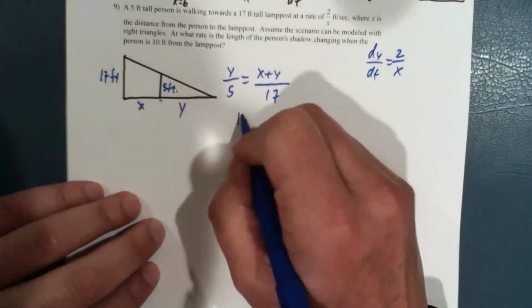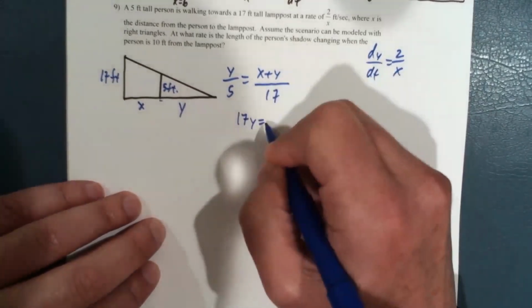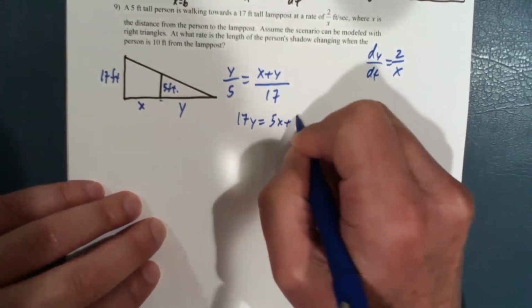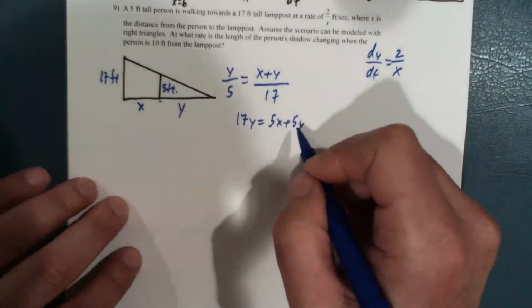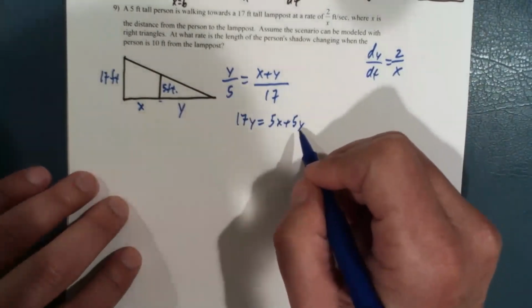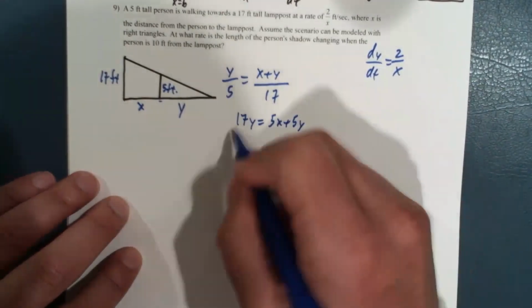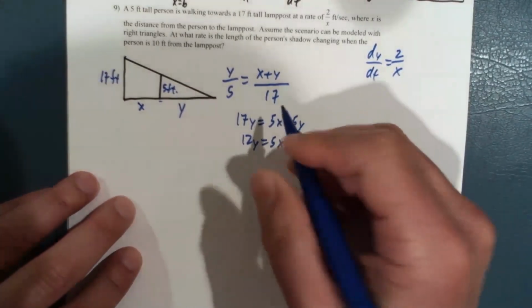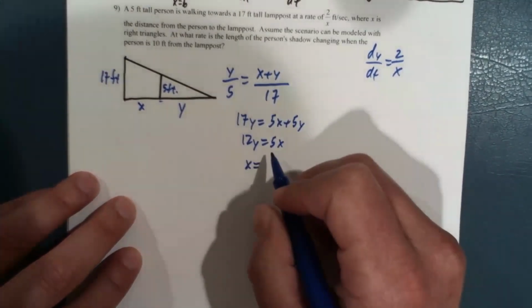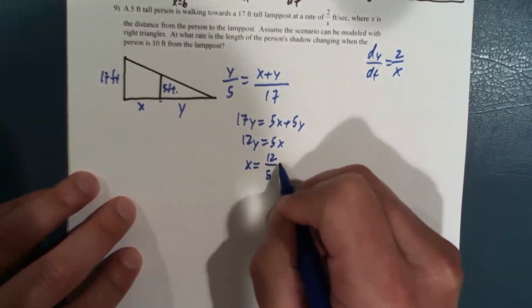So I'll cross multiply, and again, I'm solving for x, so I'll move that over. This gives me 12y equals 5x. So x is 12 over 5 y.